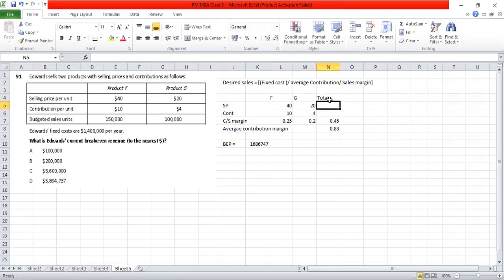Weighted average when we calculate, we're not getting. So that is the logic. 45 divided by 2 should be 22.5.